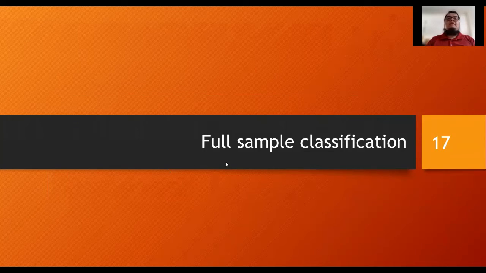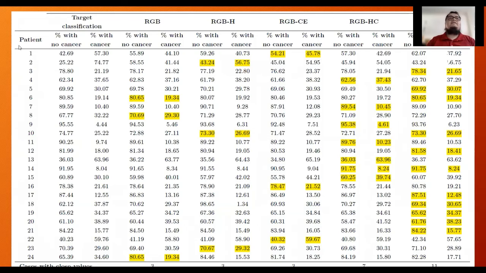In a final experiment, we used a full sample classification of 24 patients. In this table, you can observe first, in the target classification, the real values of this full sample.